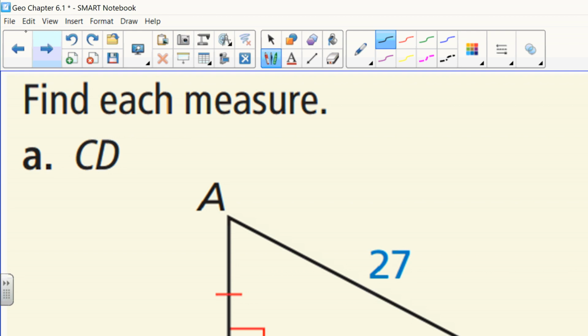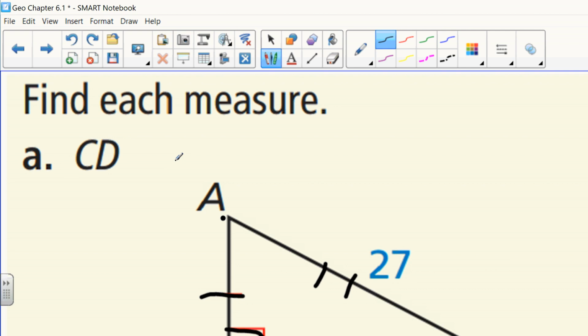So let's look at the next one. Find the measure of CD. So we do have a right angle and two congruent sides, guys. So that would make this a perpendicular bisector. And if it is a perpendicular bisector, then the endpoints of the line connecting to point D are going to be congruent.